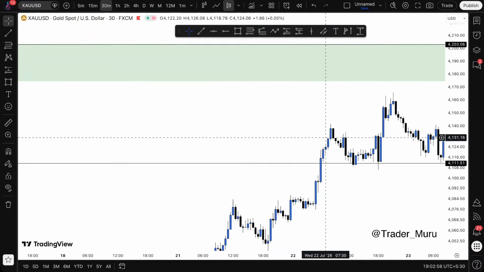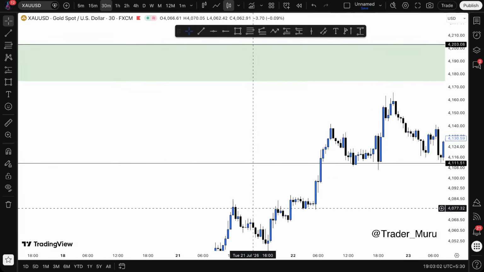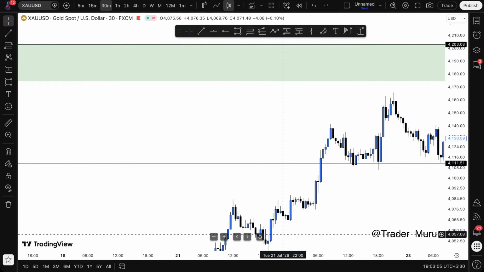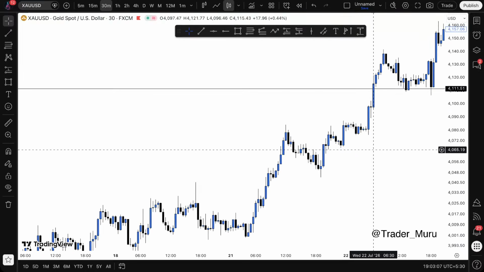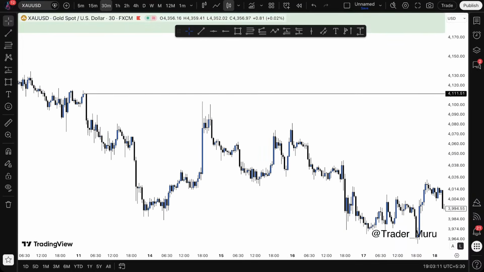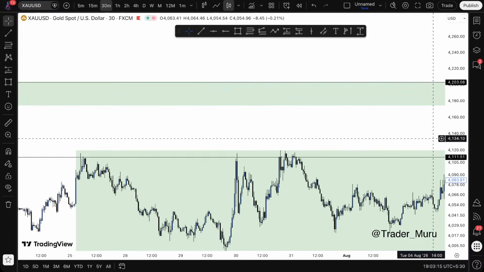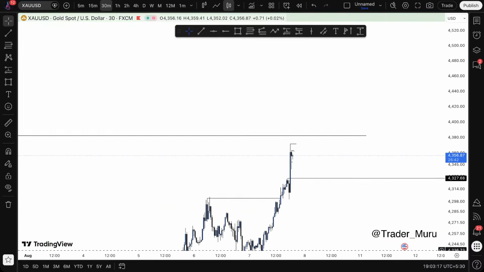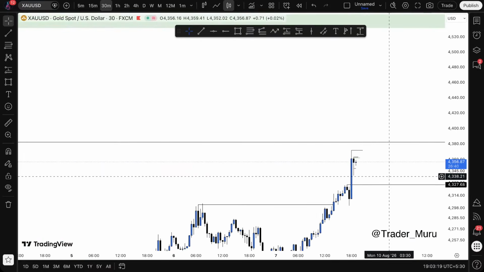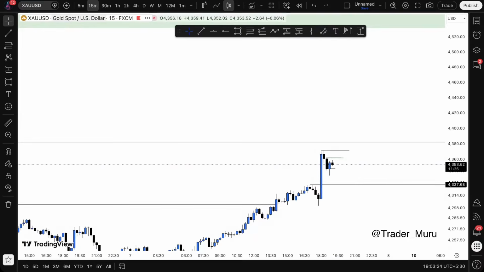But a drop without sweep is just a retracement. Five-minute.